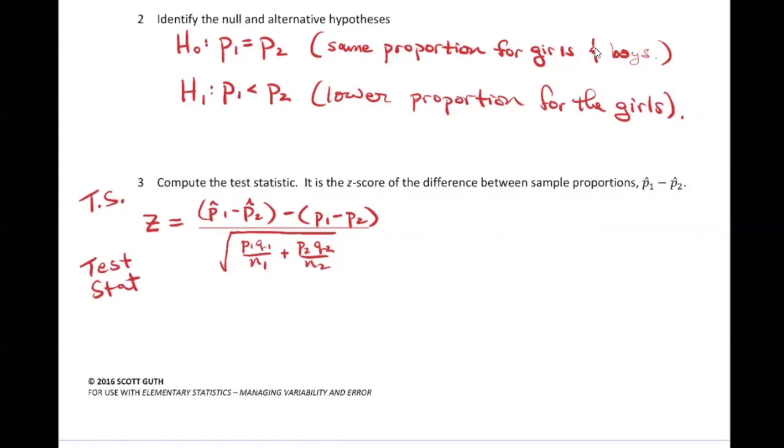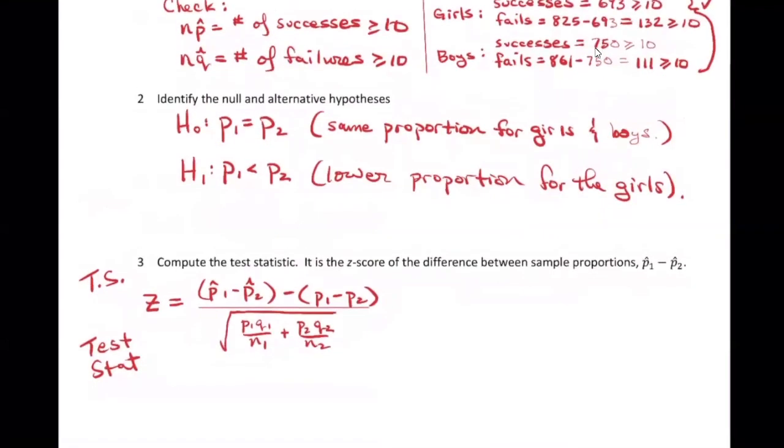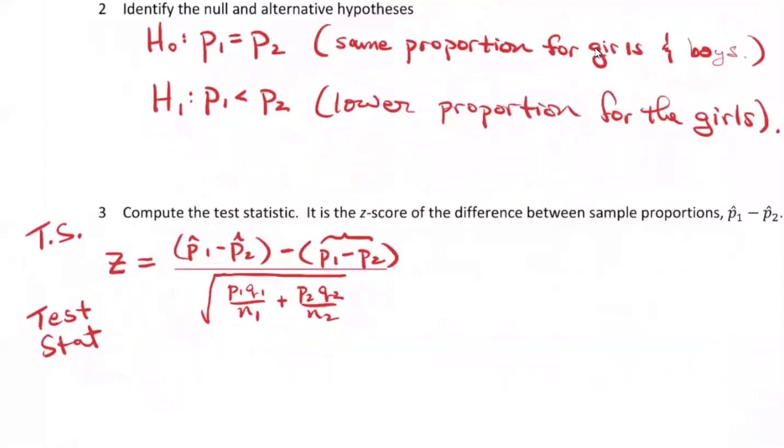Okay, so let me help you out with the things we're going to fill in here. First of all, the null hypothesis is always assumed to be true. The null hypothesis says that P1 is equal to P2, but it doesn't say what these values are. It does say they're equal. If they're equal, then what's the difference between them? Good.